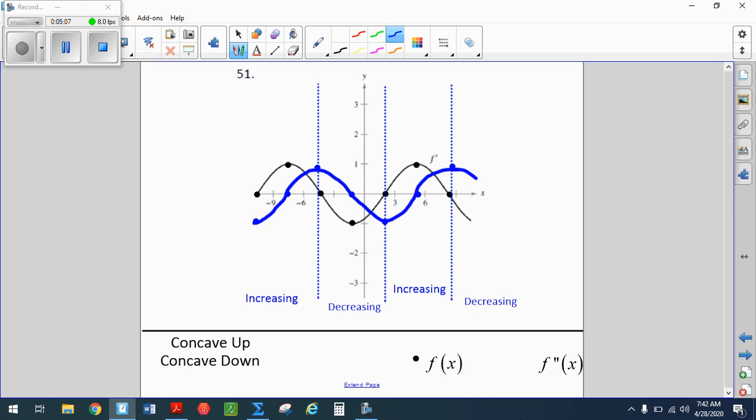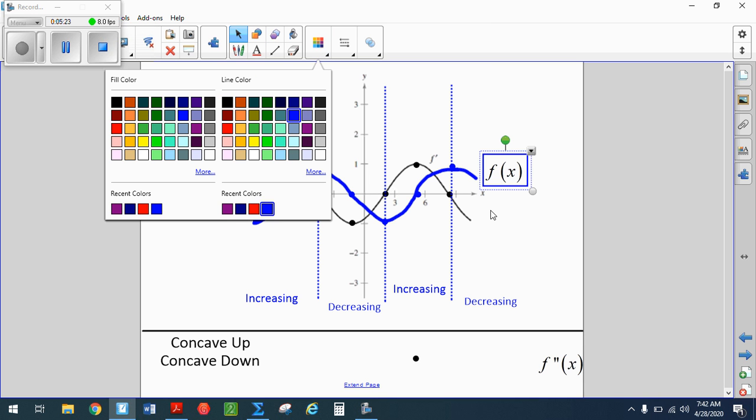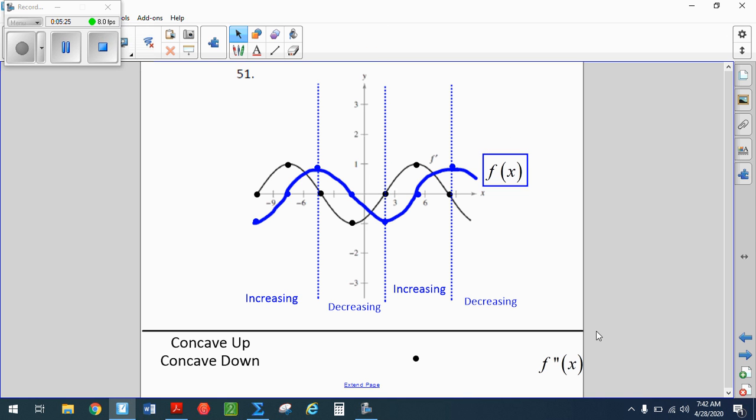And that would be my original curve. Put a blue box around that. And then we'll look at our second derivative. Okay.